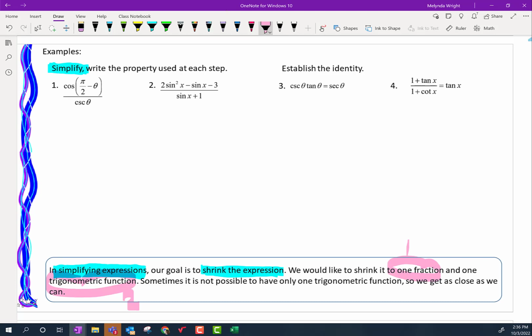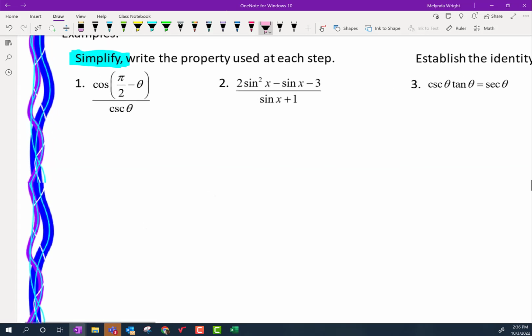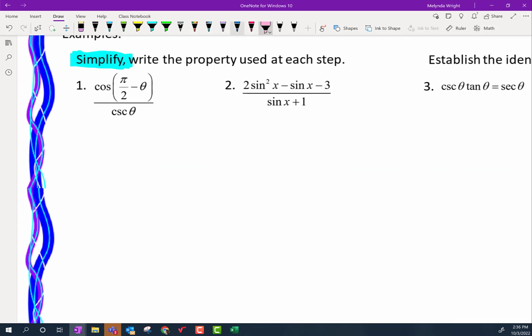Now that's not always possible, but that's certainly our overall goal. So with that in mind, let's work the first two problems. The first two are just simplification problems where we're trying to shrink things and get them into one type of trig function instead of a bunch.